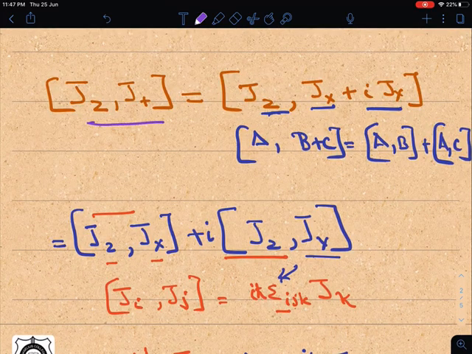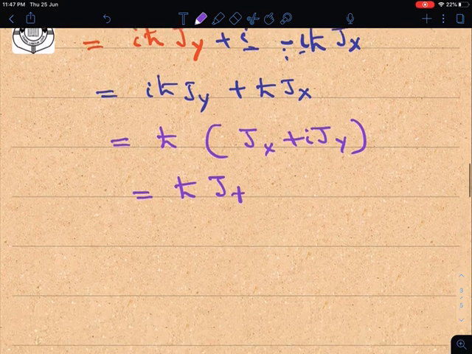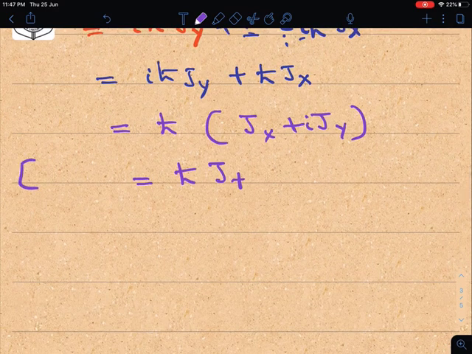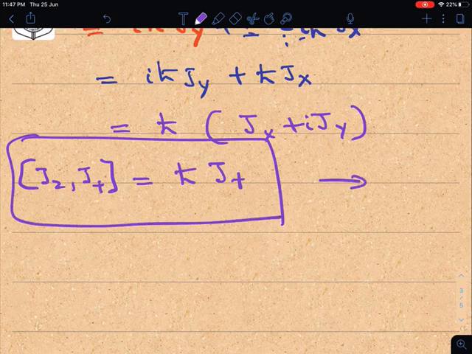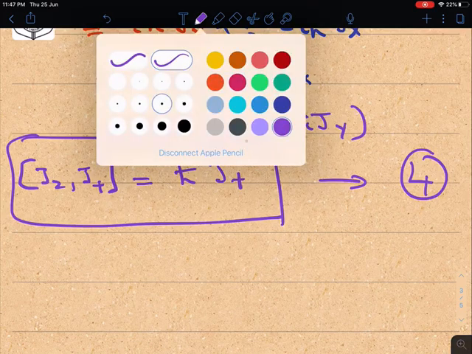So the first one was the basic commutation relation. Then based on that, we had the relation for J square. Thirdly, it was based on J plus and J minus, and this is the fourth commutation relation.